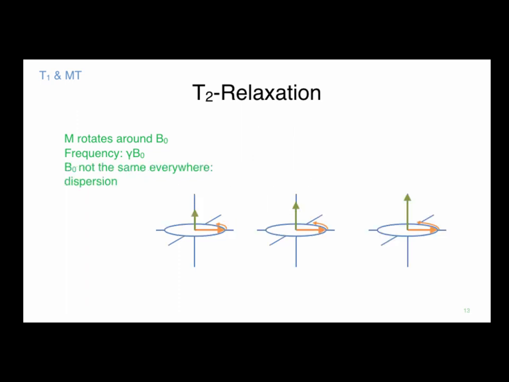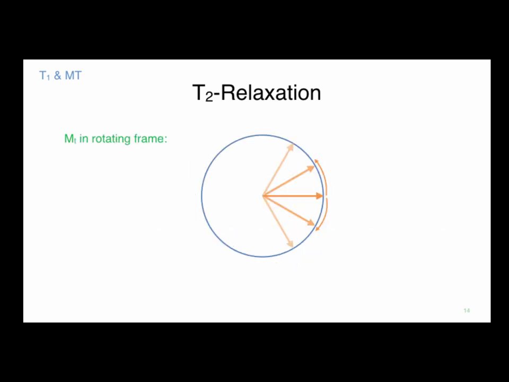So the second step in this process is that different spins may experience slightly different amplitudes of the magnetic field. It can be due to just the local susceptibility or influence of neighboring molecules. So that means that the frequency of the rotation for different spins is slightly different.